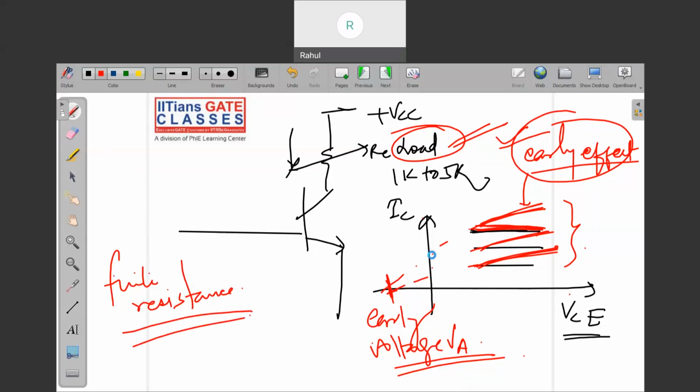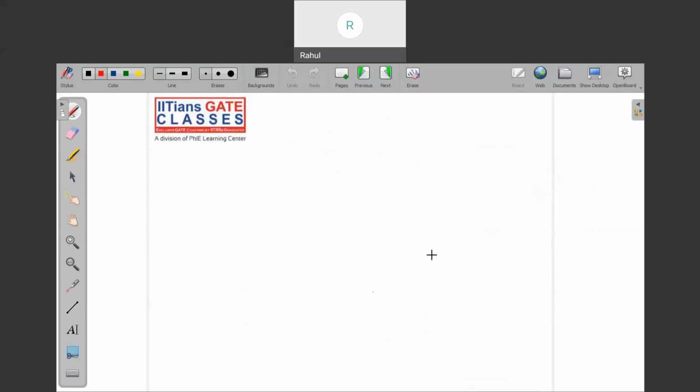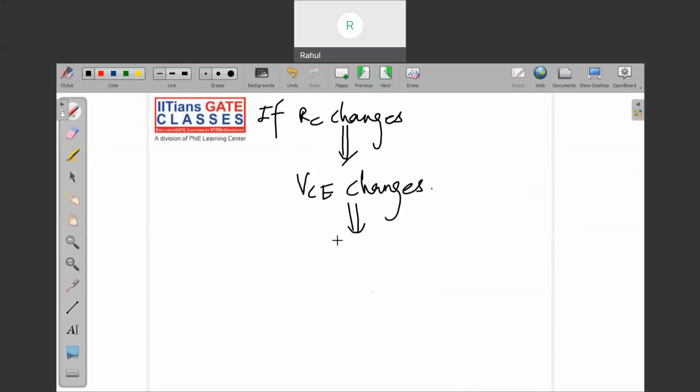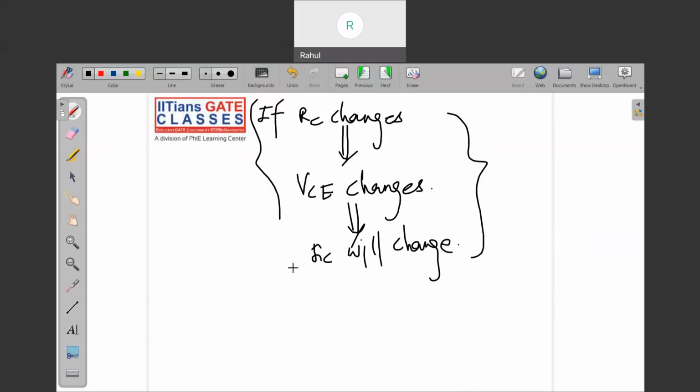Understand? If RC changes, VC changes, then IC will change. Please keep this in mind.